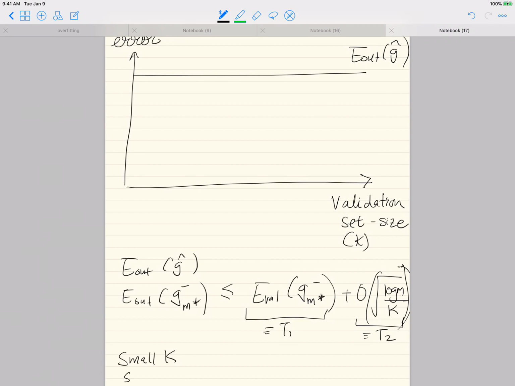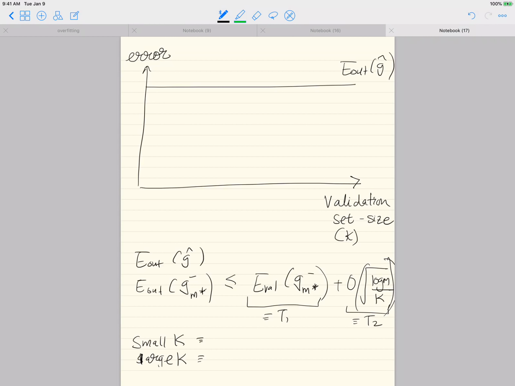Let's look at the case when K is small and K is large. When K is small, which of these two terms will be smaller? The first term or the second term? Or let's look at them one at a time.